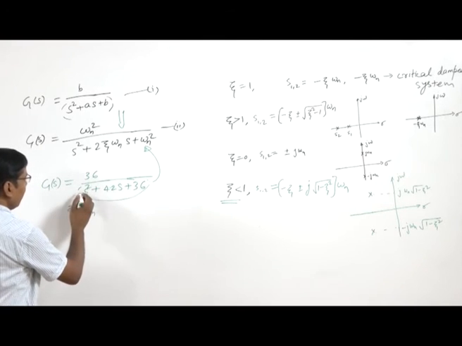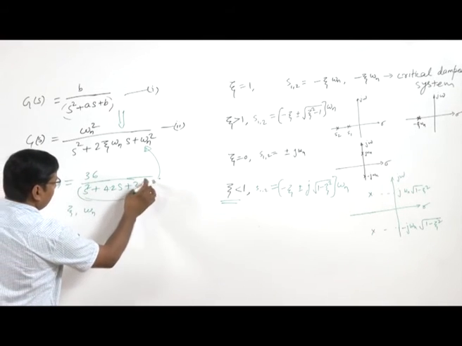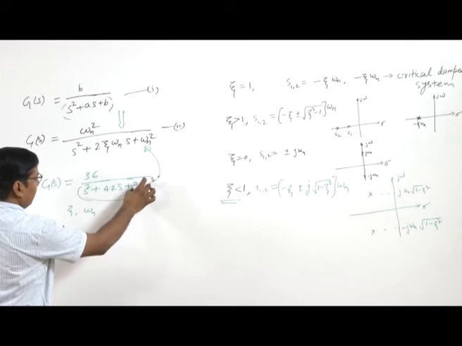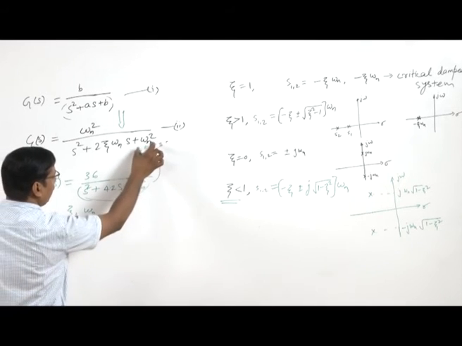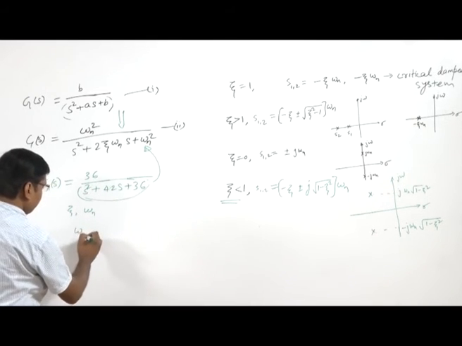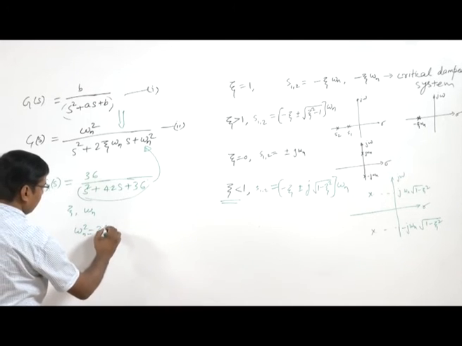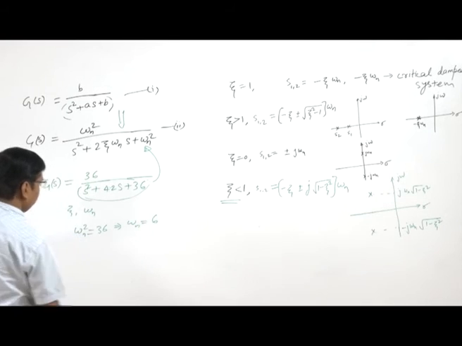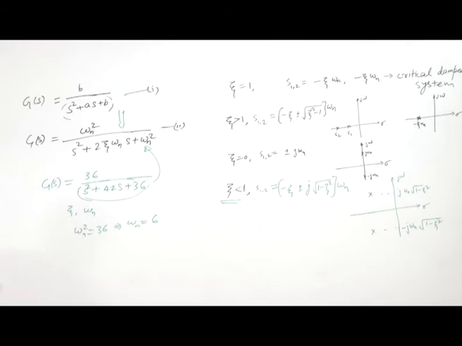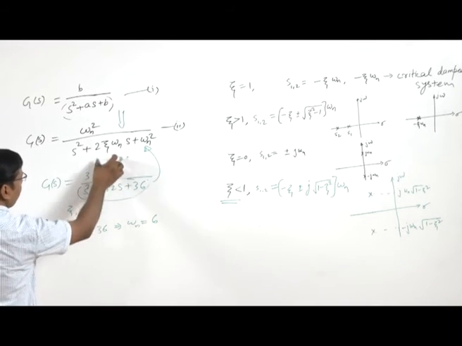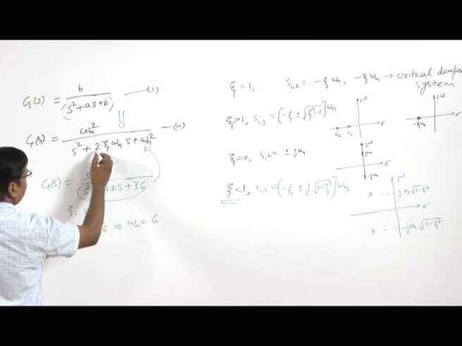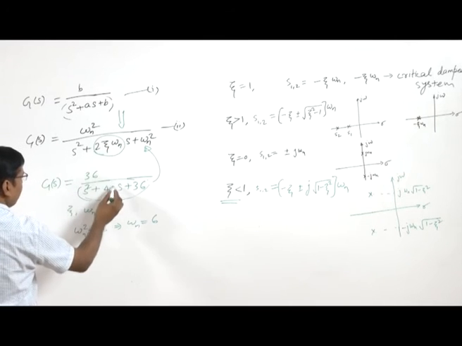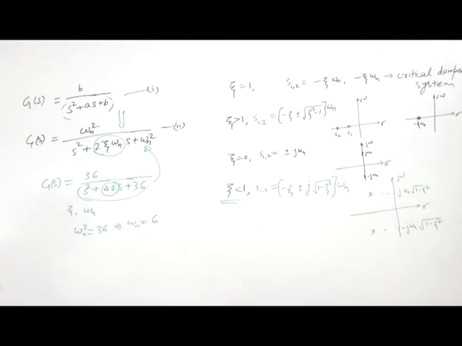Here we see that 36 equals omega n square, so omega n square equals 36, which implies that omega n is 6. Now 4.2 is equal to 2 zeta omega n, because this is the coefficient of s, which is 4.2.